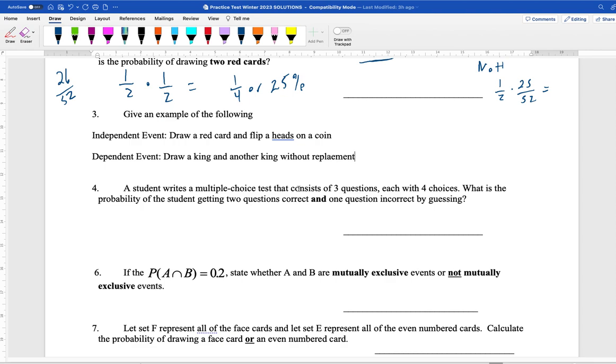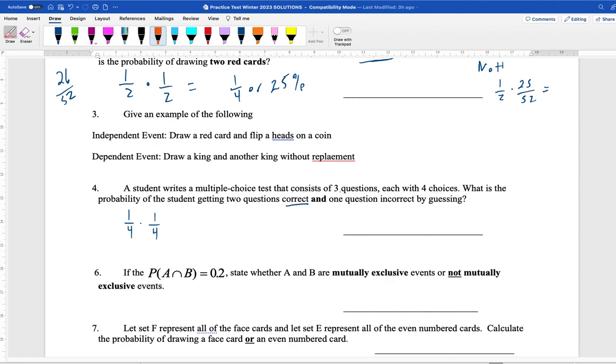A student writes a multiple choice test that consists of 3 questions, each with 4 choices. What's the probability he's going to get 2 questions correct and 1 question incorrect? So, a correct answer is a 1 out of 4 chance. Another correct answer is going to be 1 out of 4.